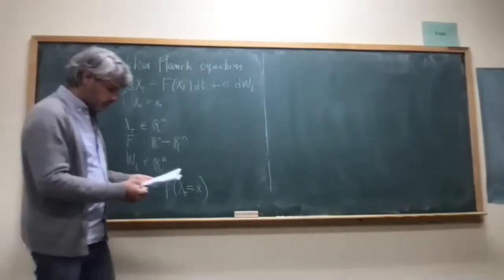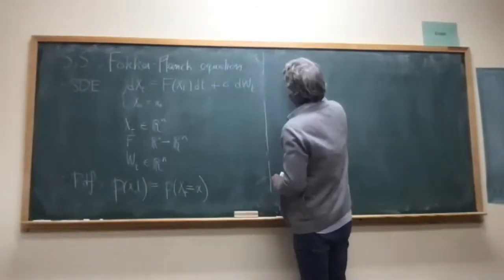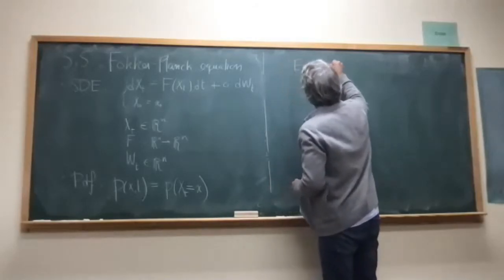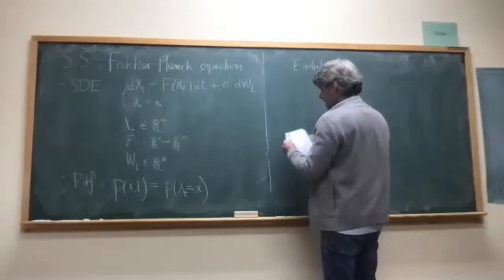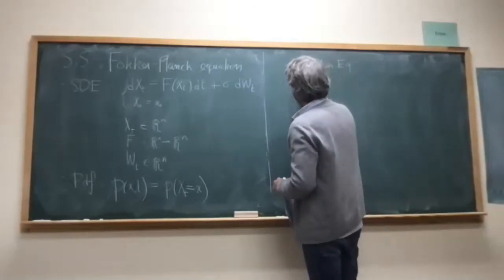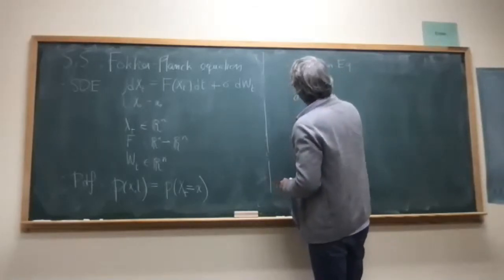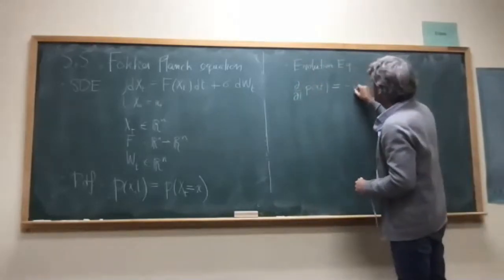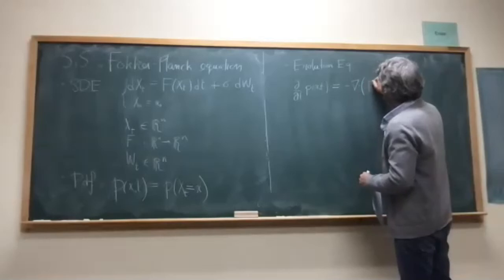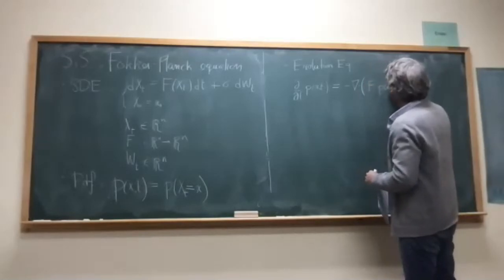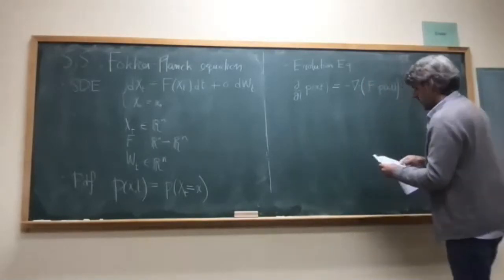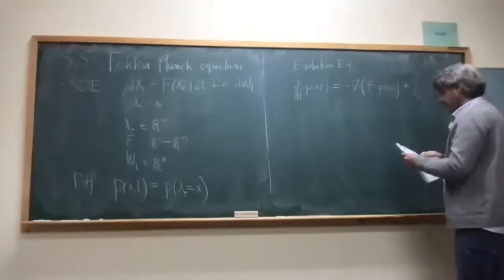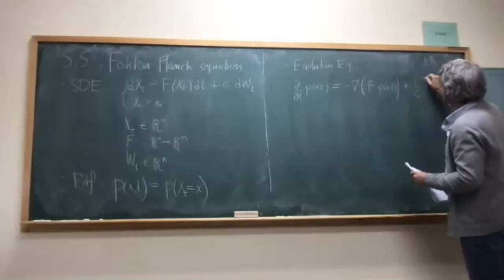What is this evolution equation? Well, the evolution equation is the Fokker-Planck equation. It's a partial differential equation. The time derivative of the density is given by two terms. First is minus the divergence of f p(x,t). And then there's another term, which is 1/2 the divergence.